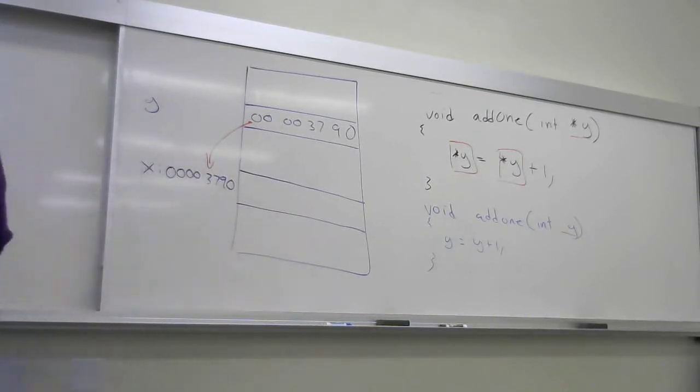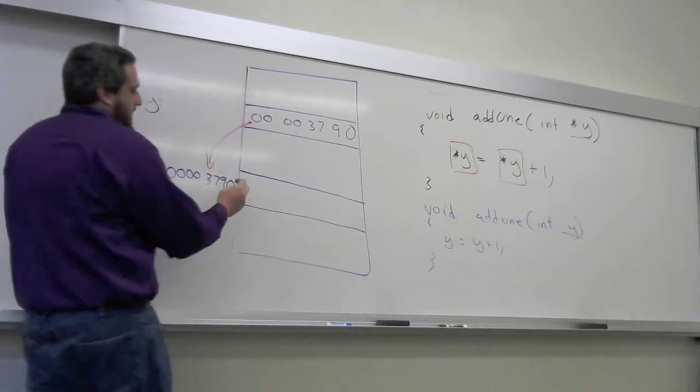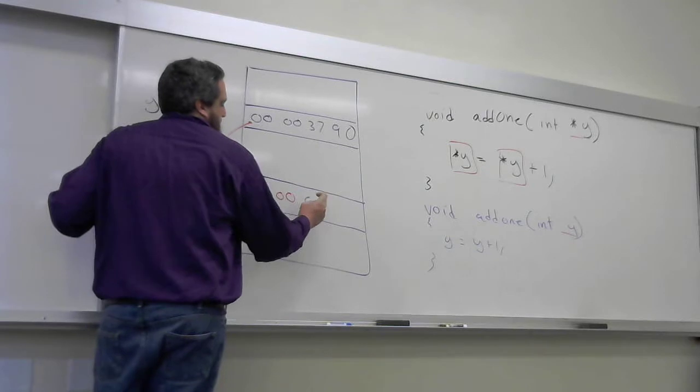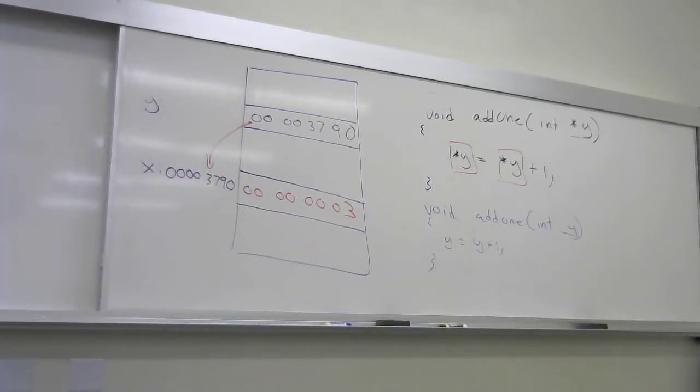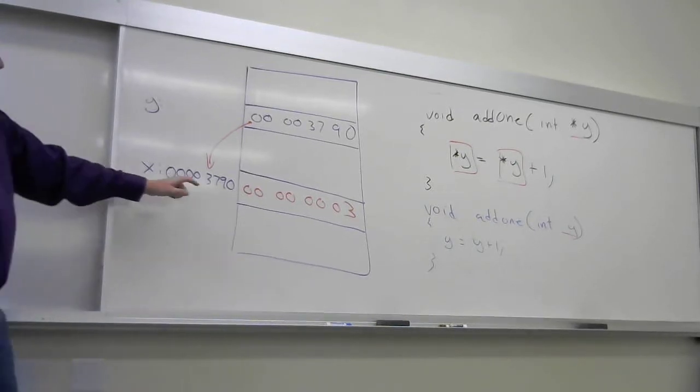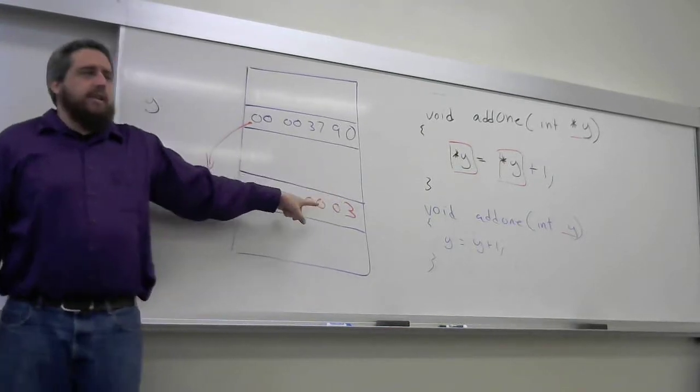So let's give x an actual value here. Let's say that x equals 3, like so. So the value inside of x is going to be this. That's the binary value in hexadecimal. If you don't know how to do the binary value in hexadecimal, you'll learn that. This is that value in that location there.